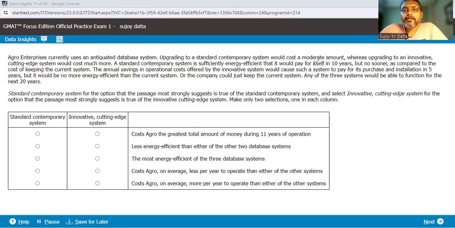Because yes, it will pay for itself in 10 years, right? That means what? It's saving money. So costs on average more than an innovative one.